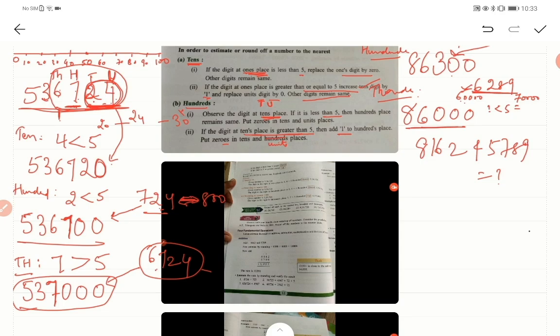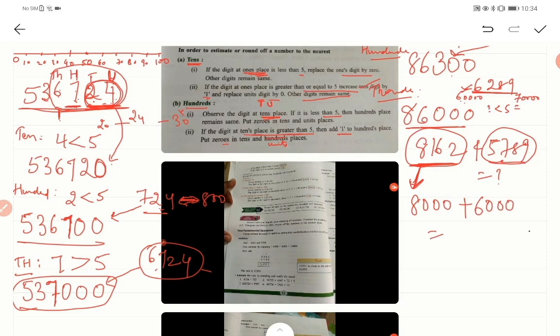Now if I first approximate, rounding off these numbers, and then add: 8162 is near to 8000, isn't it? And I will approximate 5789, it is near to 6000, isn't it? So now it has become easy for me to add these two numbers.